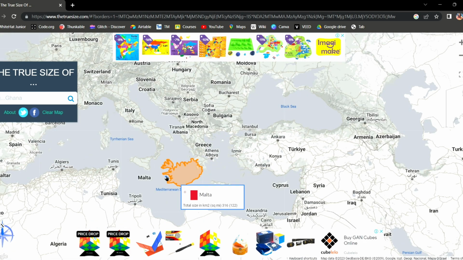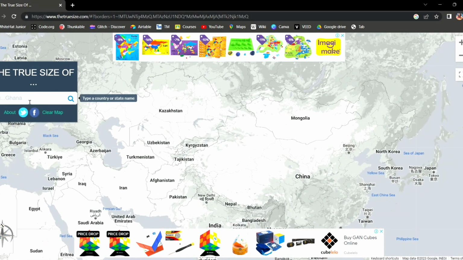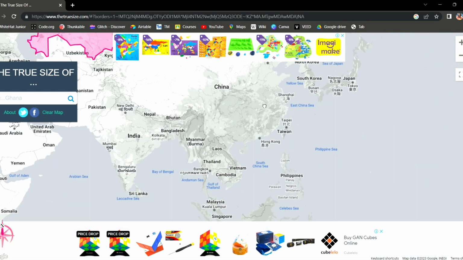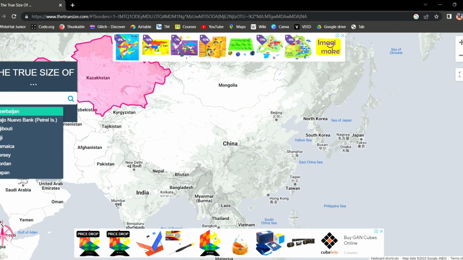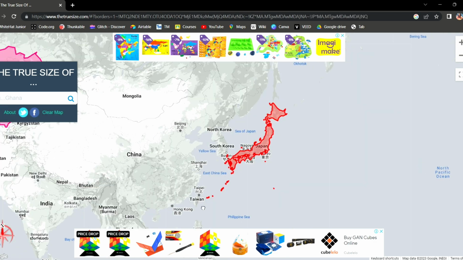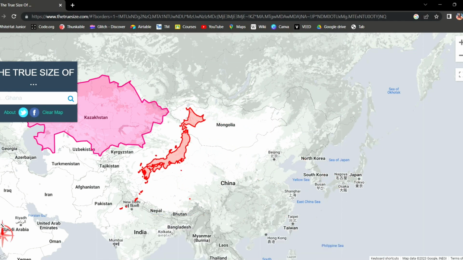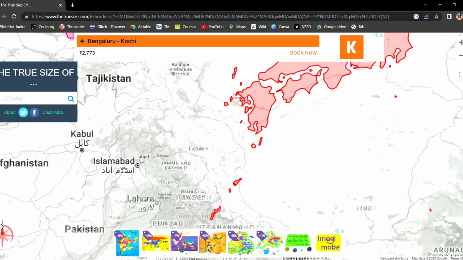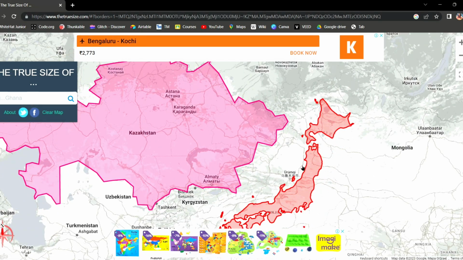So next, let's take Kazakhstan, and also another country like Japan. Japan is smaller than Kazakhstan, but Kazakhstan has just like 20 million people, because it's a desert, literally, while Japan has a lot of population, more than 100 million.